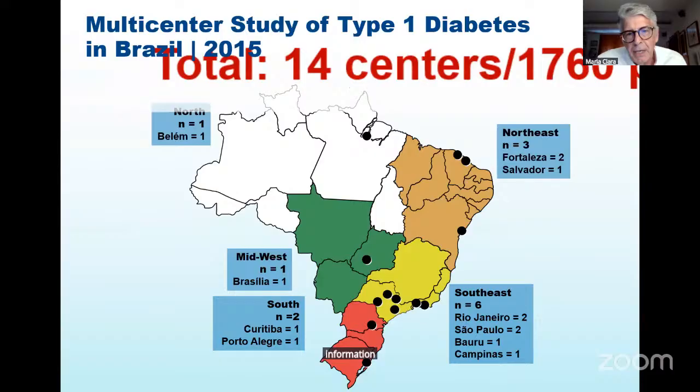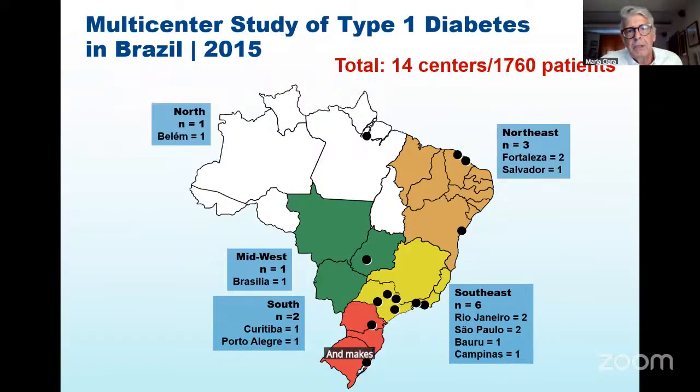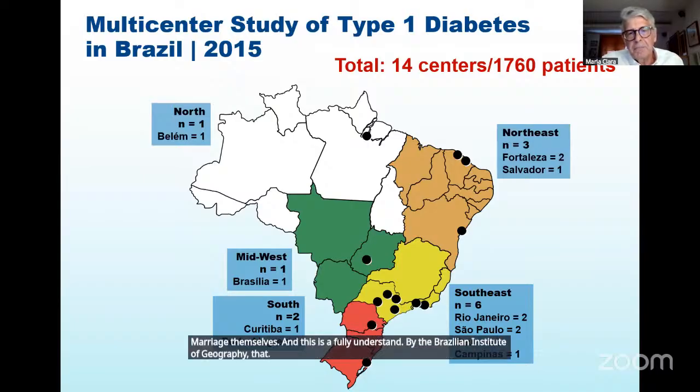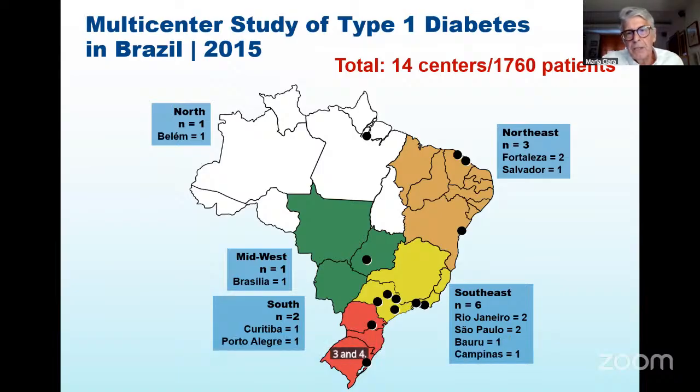Differently from other countries, Brazil has a lot of information on admixed people who marry each other, and this is fully understood by the Brazilian Institute of Geography, which makes a census every three or four years.